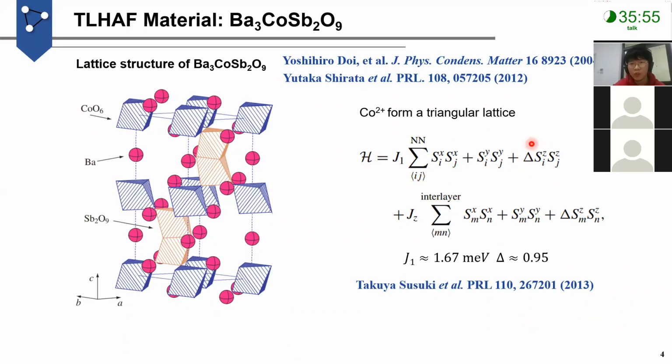There is a slight anisotropy in the effective Hamiltonian. The parameters are estimated through many experimental techniques: the antiferromagnetic exchange coupling is 1.67 millielectron volts, and the slight anisotropy is 0.95.